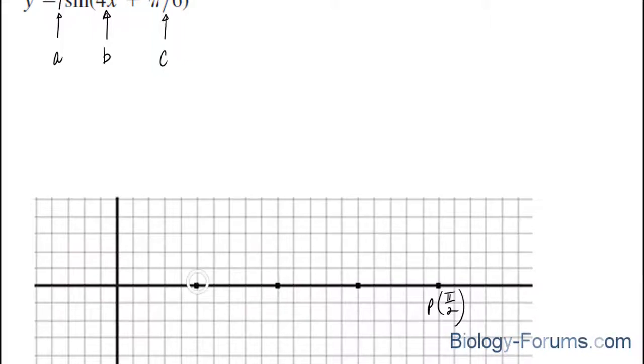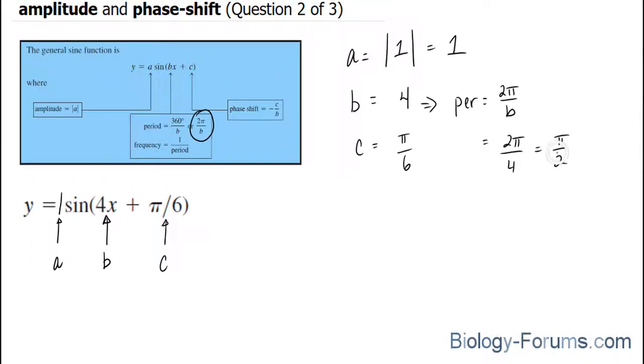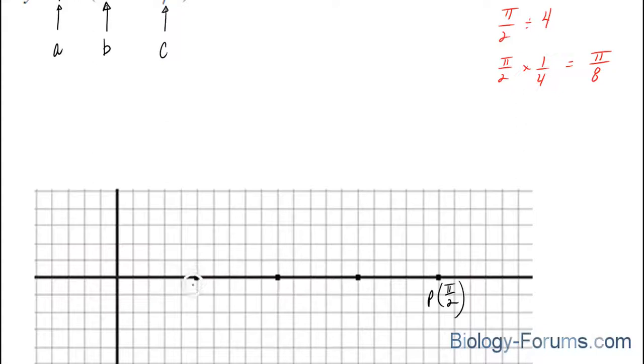Now to find out what these points are, you will need to divide this number, or whatever period you ever get when it comes to graphing these, by 4. And if you divide this by 4, you end up with pi over 8. And what this will represent is this point right here, pi over 8.